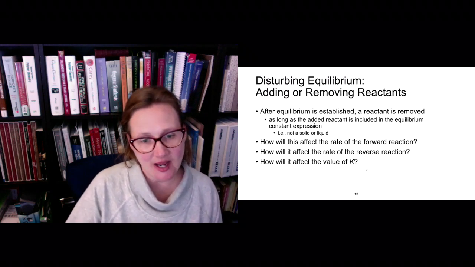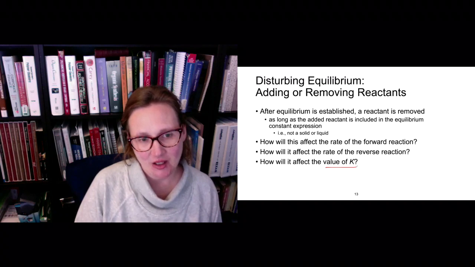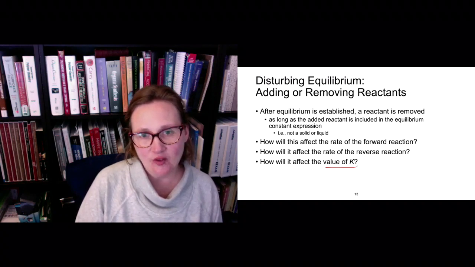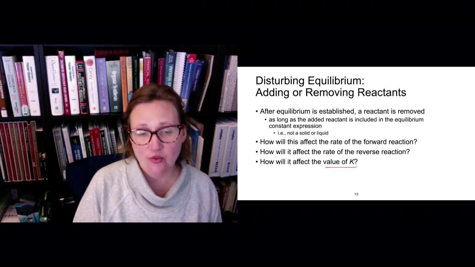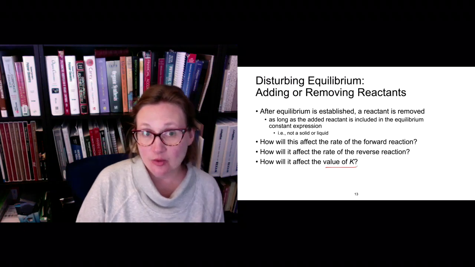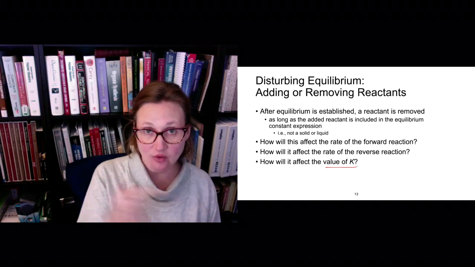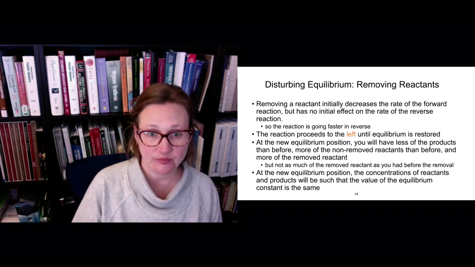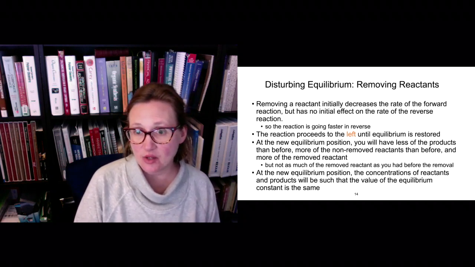Well, hopefully by now we understand that the value of K will remain unchanged. But here we're removing a reactant. So the rate of the forward reaction will decrease and the rate of the reverse reaction will increase. So the reaction is going to proceed to the left, or towards the reactants, until that equilibrium is restored.